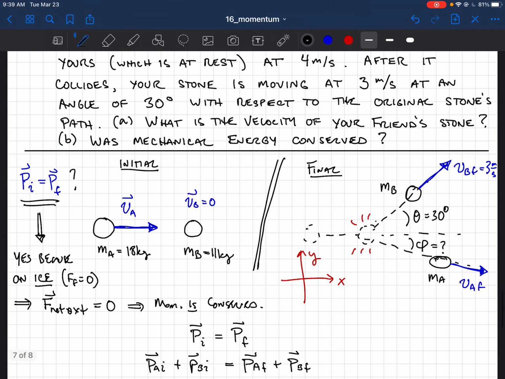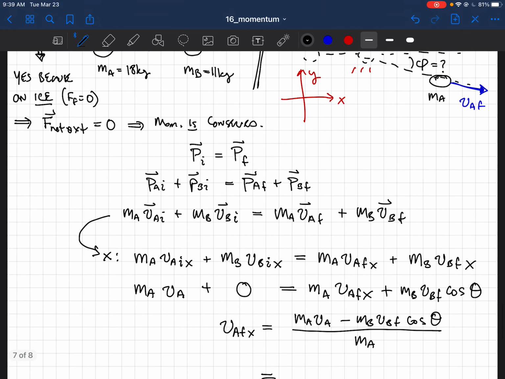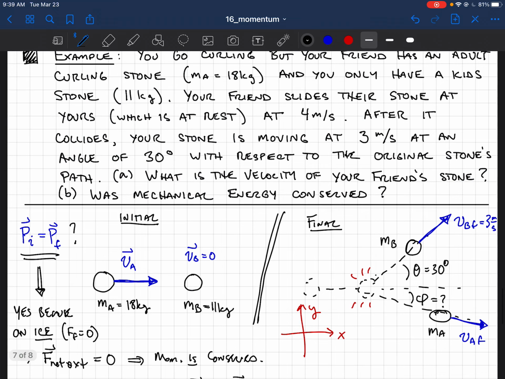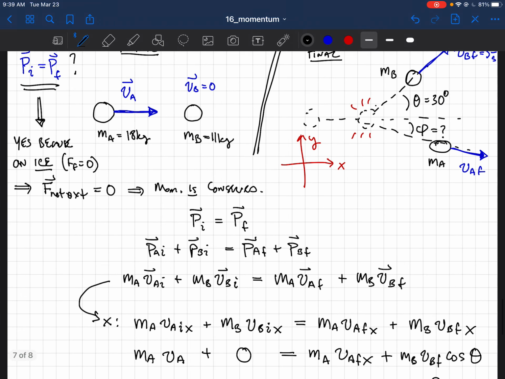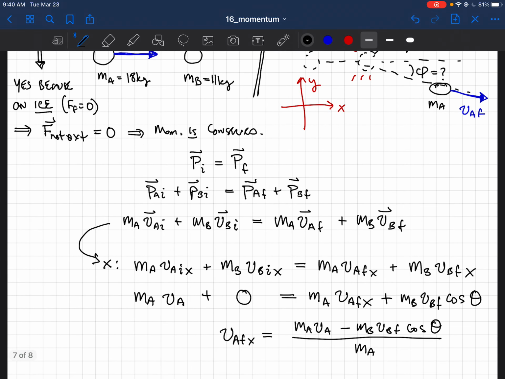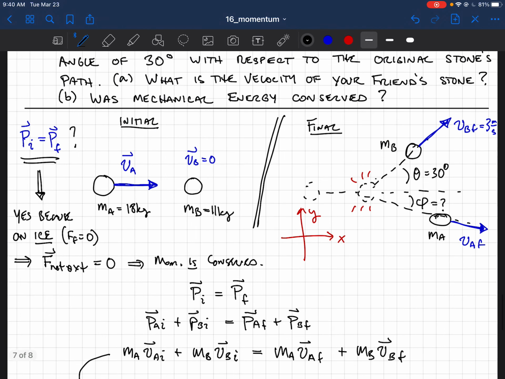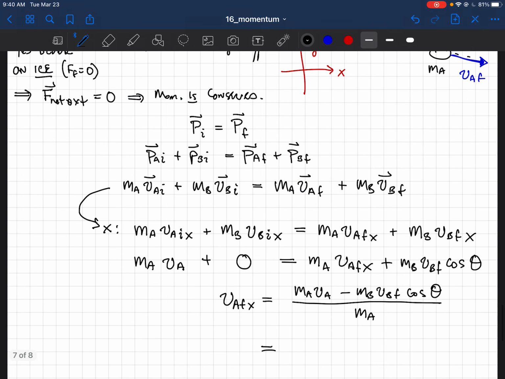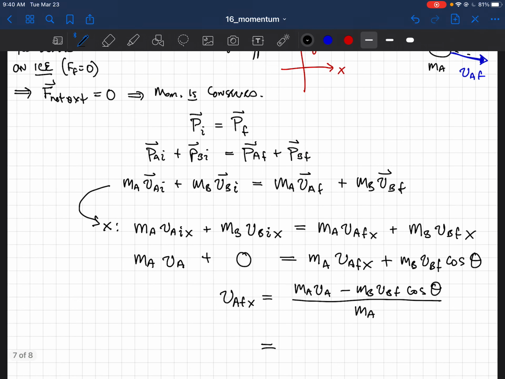So what are they? Well, mA was 18 kilograms, mB was 11, so we have 18 times the initial speed was 4 meters per second, so 18 times 4 minus 11 times, and the final speed was also given to us, for yours it's 3.